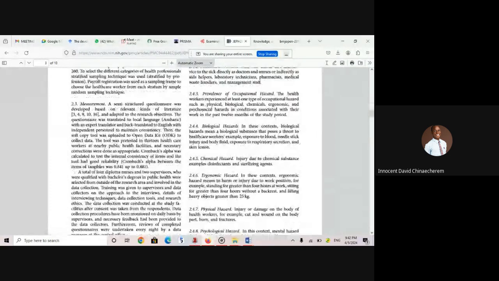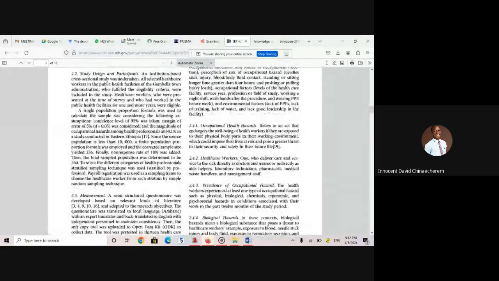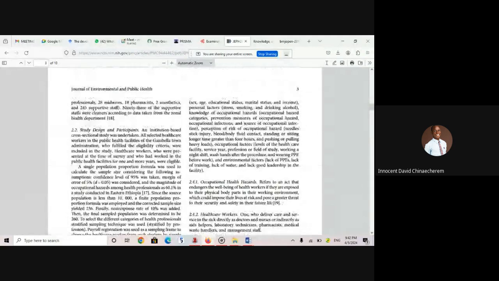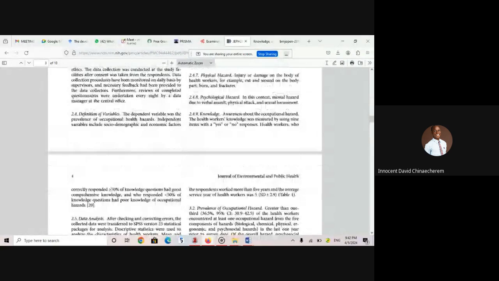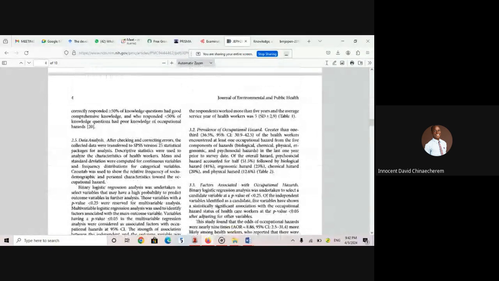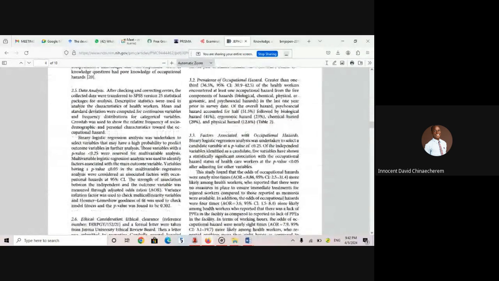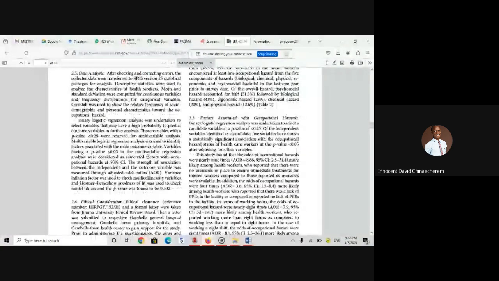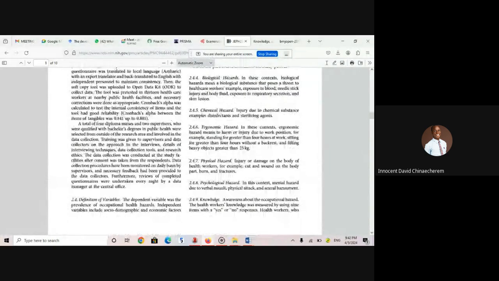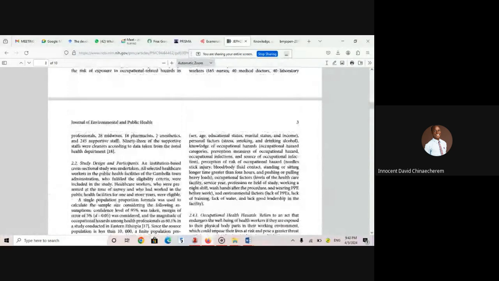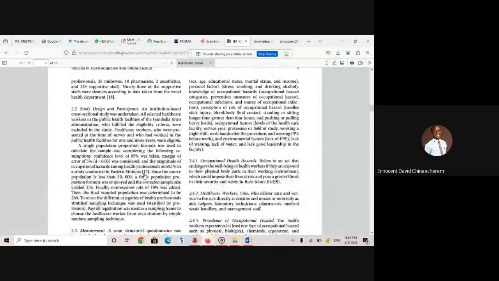Now, if we return back to the method here, to the data analysis, let's assume we go through this paper and spot where it yielded 326.